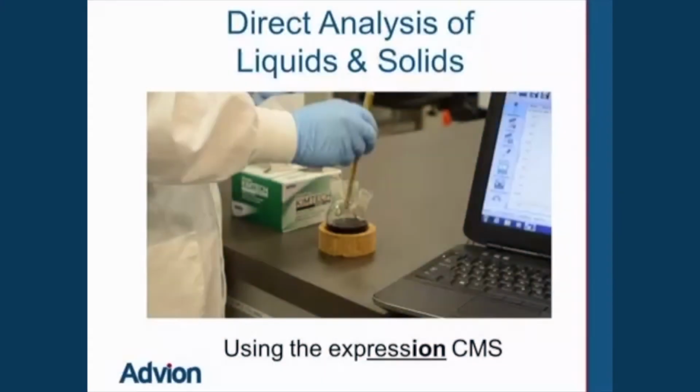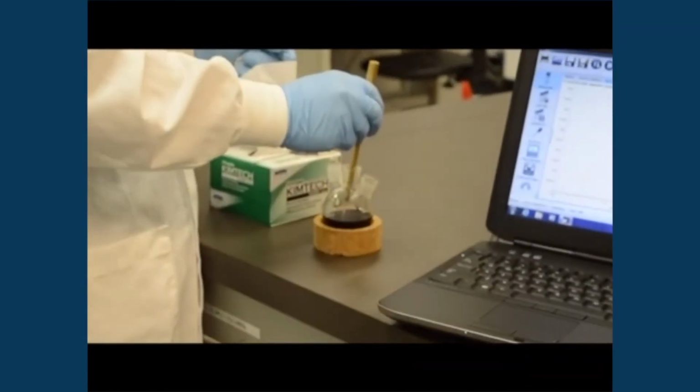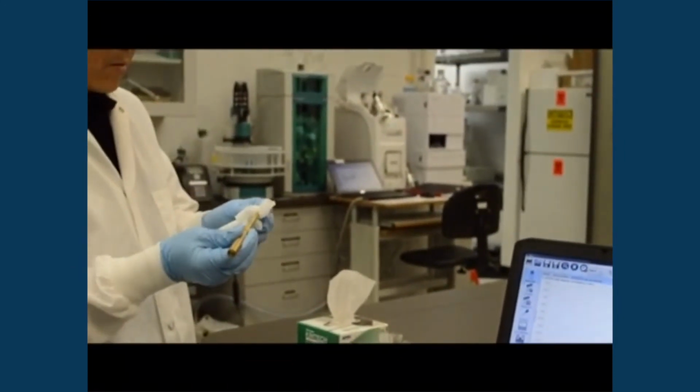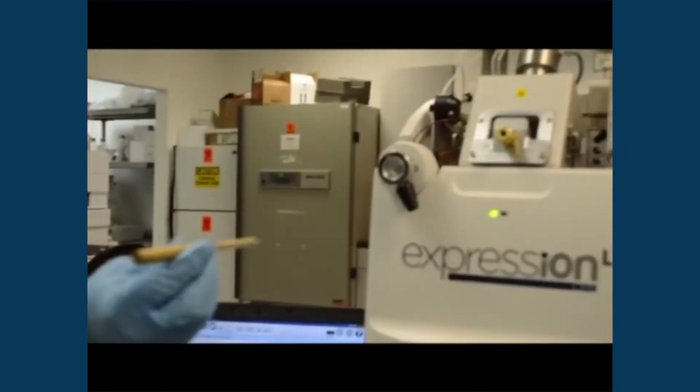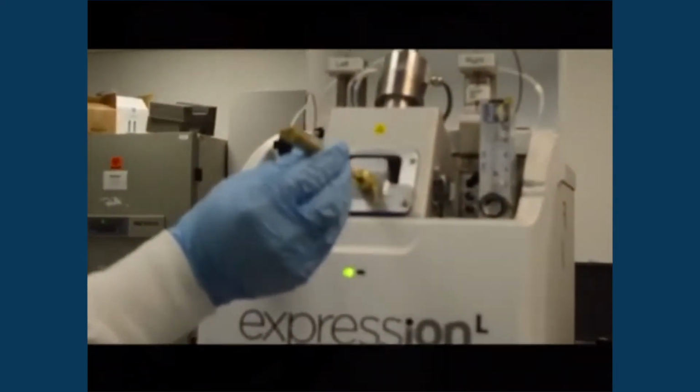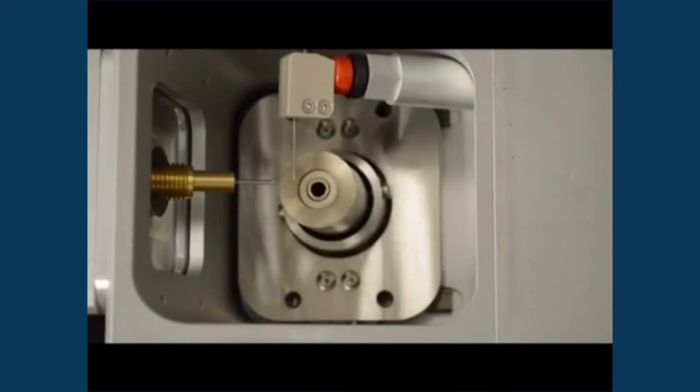Direct analysis of liquids and solids using the Expression compact mass spectrometer. Begin by dipping the closed end of a glass capillary into your reaction mixture. Wipe excess using a Kimwipe and insert the probe into the ASAP-enabled APCI source.